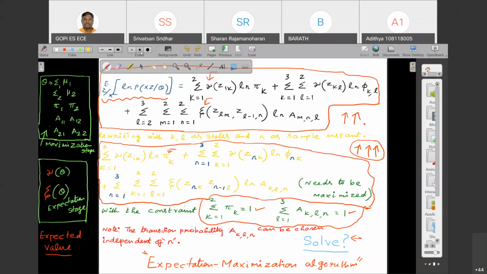Old, because you are going to solve this in an iterative manner. You are going to have some guess of this unknown parameter, which is called theta old.